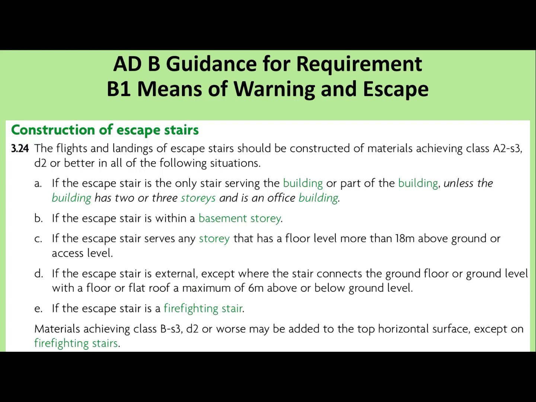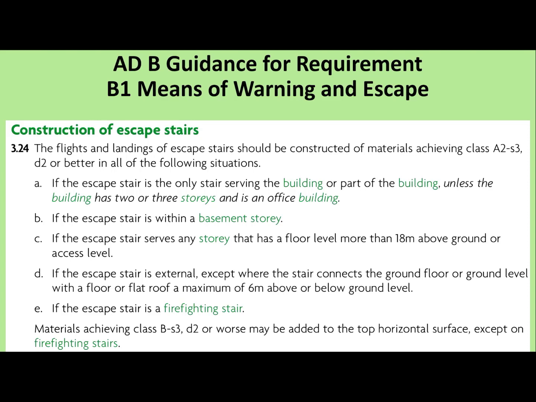Now, the reaction to fire tests find their way right throughout the guidance of ADB, and here are just two or three examples that I've pulled out almost at random. If it's a single staircase, if there's only one staircase and it's over 3 stories high, for argument's sake, the material of the staircase must be A2, S3, D2.